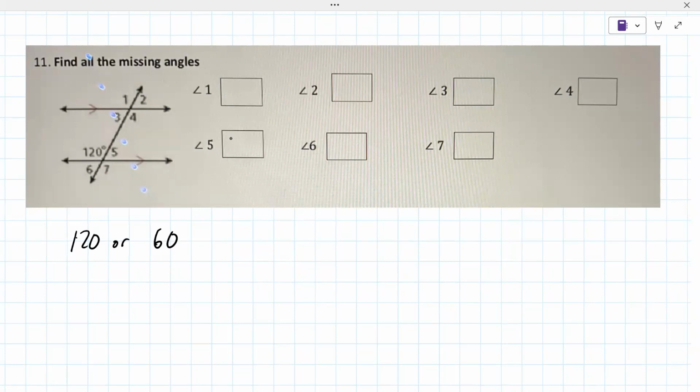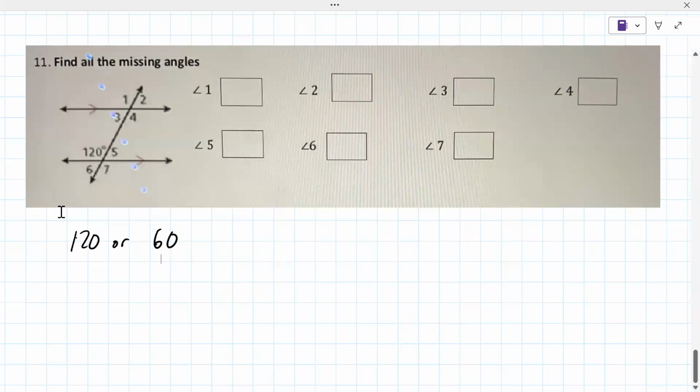I would start at the given angle, 120, and find 7 and then 5 and 6, but stick to this region and then move out of your home base. So can you figure out what 5, 6, and 7 are? You don't need to justify it, but the answers are either this or this.